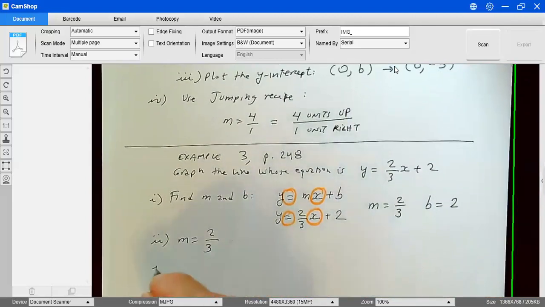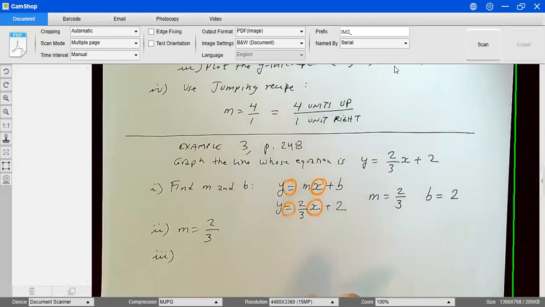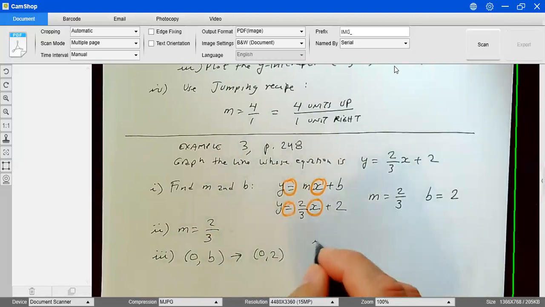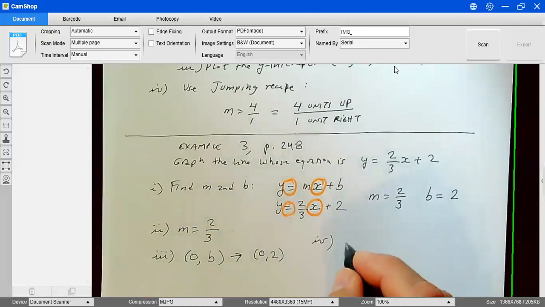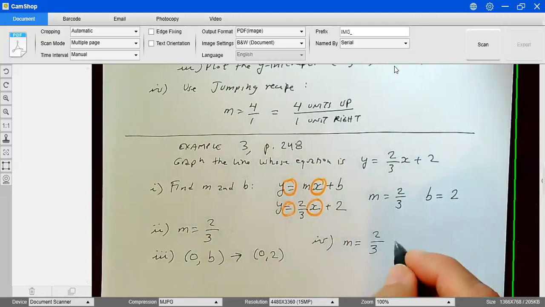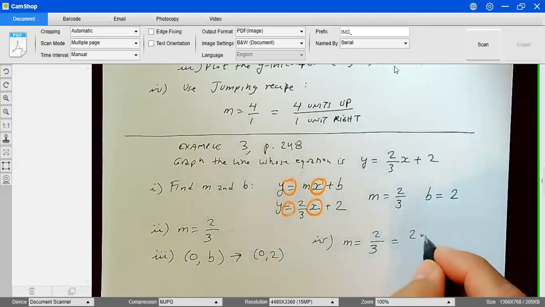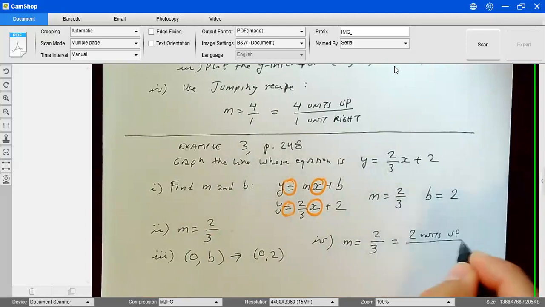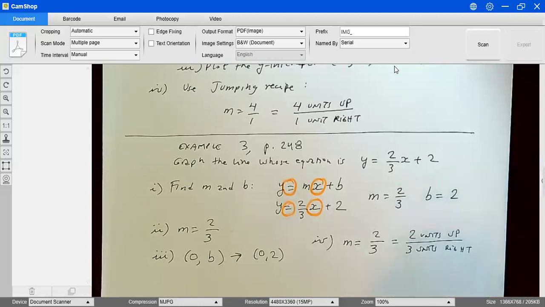And we need the coordinates of the starting point, which is the y-intercept, 0, b. So in this case, it's 0, 2. And finally, my recipe to jump is 2/3. So it's 2 units up, 3 units right.